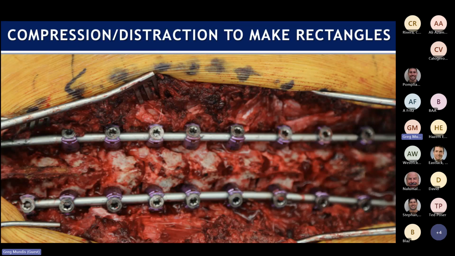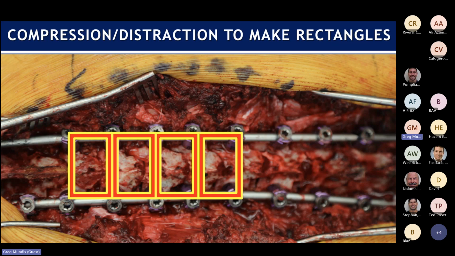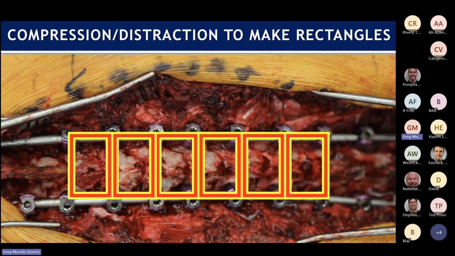One of the main reasons is because we try to place the screws pretty meticulously. And the idea is that when you're done, if you've picked the right LIV and UIV, you should have created a bunch of rectangles throughout your spine. If you look here, things look really symmetric all the way up and down.